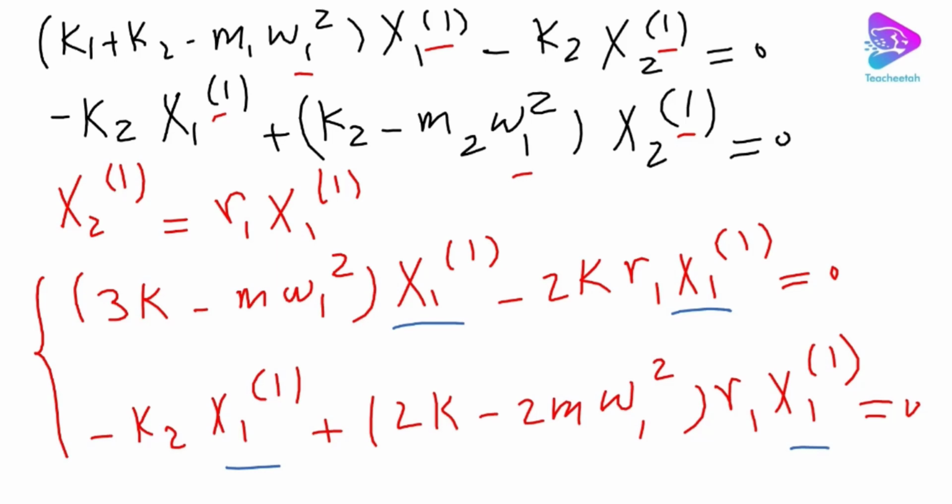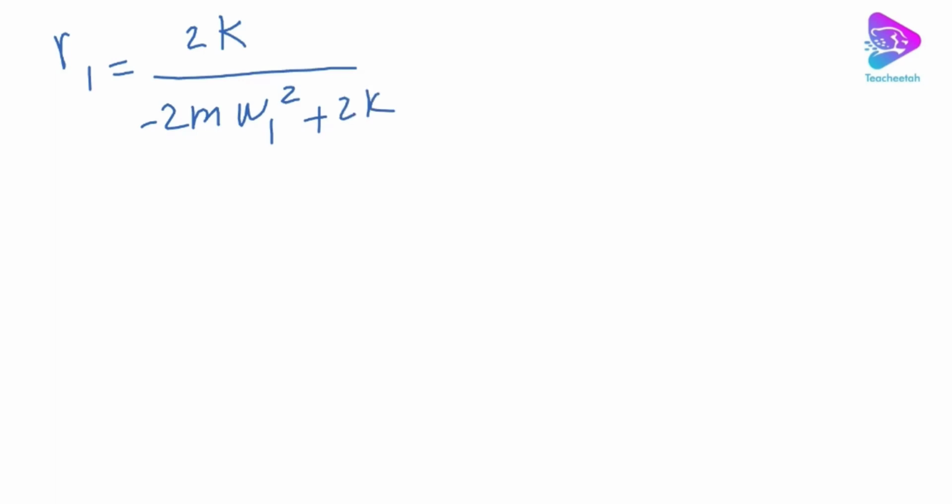So if we look at this, let's see what r1 and r2 are. If we do this, then we get r1 equal to, from either of the two equations, 2k divided by 2k minus 2m omega 1 squared plus k, or we can simplify the 2, or like I said, you can use the other equation that we had.